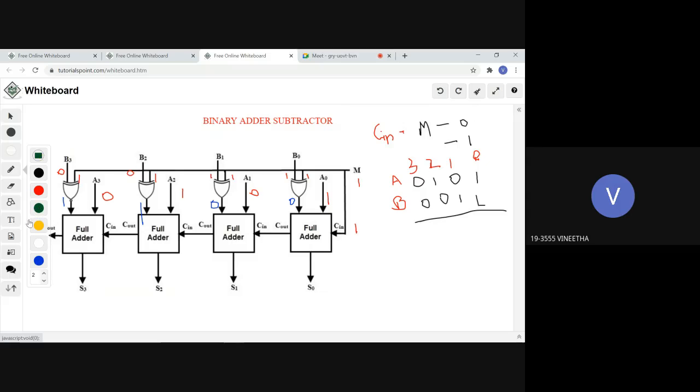Now let's perform addition. So 0 plus 1 plus 1 would result in 1 carry and sum 0. And again 0 plus 0 plus 1 would result in sum 1 and carry 0.